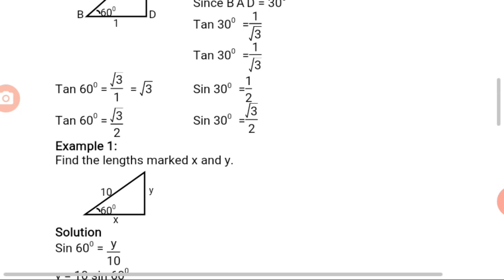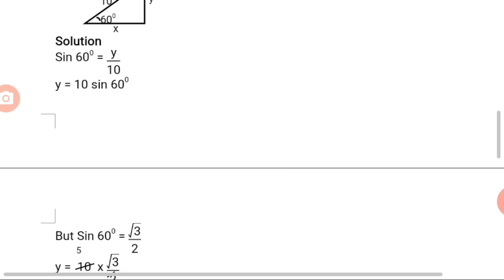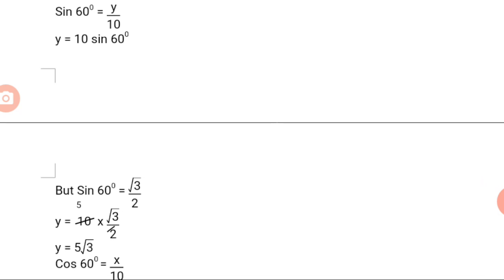As we know, sine 60 degrees is root 3 all over 2. Therefore, y equals 10 times root 3 all over 2. 2 goes into 10, 5. Therefore, we have 5 root 3. The value of y is 5 root 3.